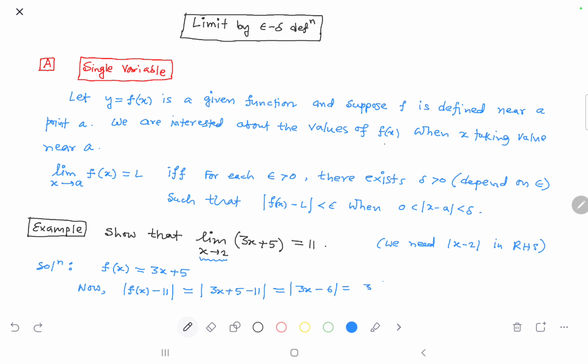How? 3 factor out, then we get the absolute value of x minus 2. So this is 3 into the absolute value of x minus 2. Mayan, so far it's clear? Yeah, fine. Very good. Now see, suppose you have x minus 3. I mean, if you have x tending to 3, then you need the absolute value of x minus 3 as that factor, right?